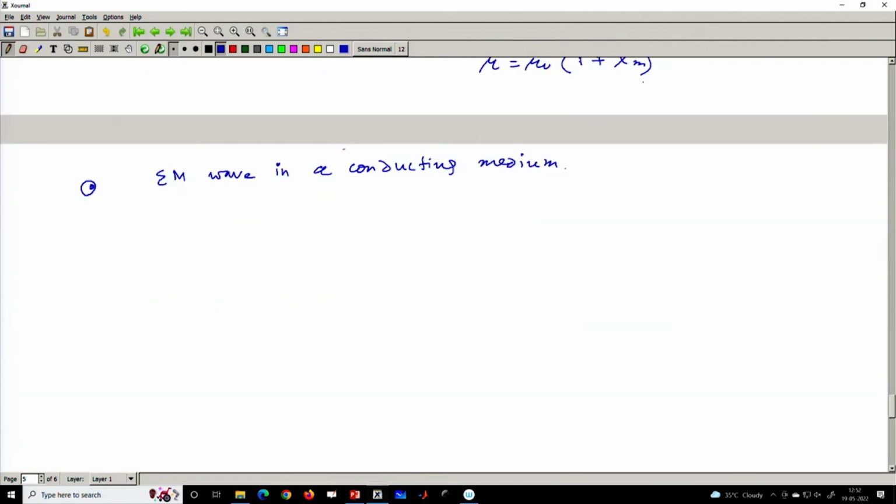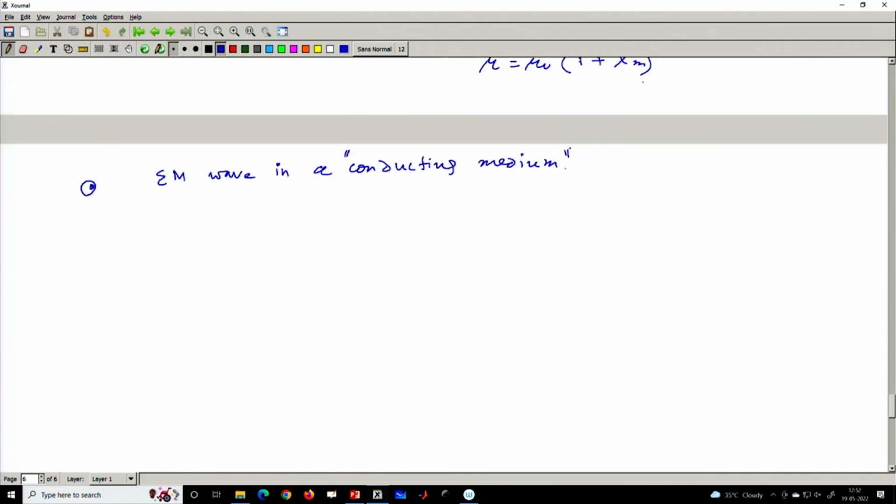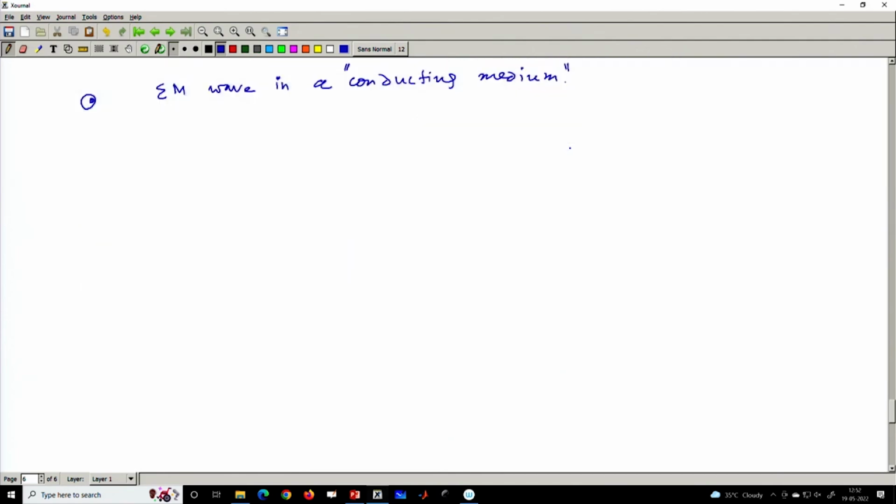We are dealing with a conducting medium, and in a conducting medium the Maxwell's equation is going to be modified, as is the corresponding wave equation that we are going to find out. That should be our final topic in this module, module 4. Eventually this is our last class, but we will discuss a few tutorial problems later.